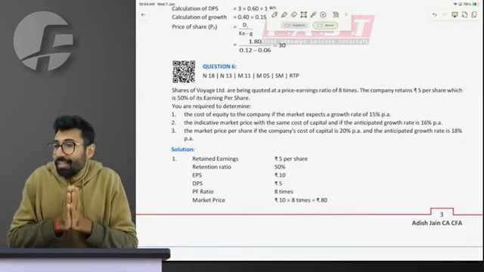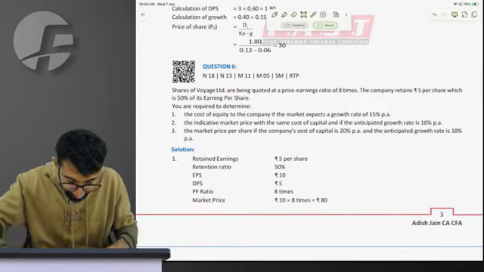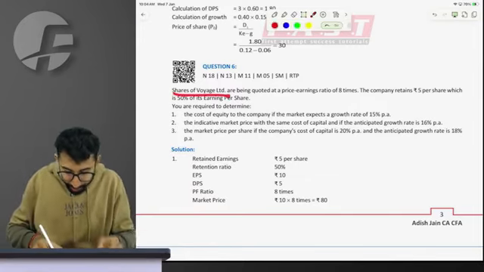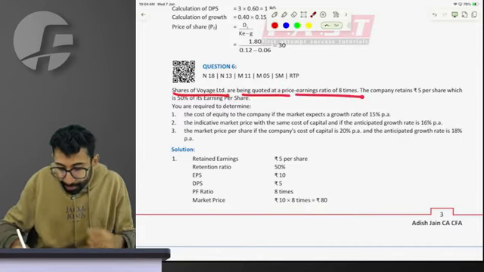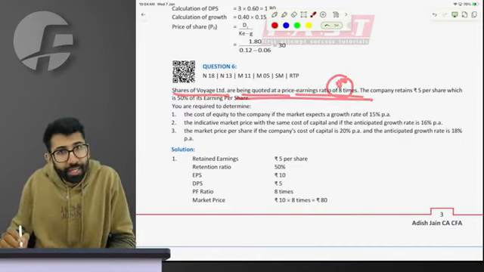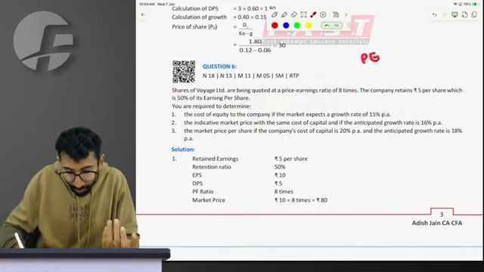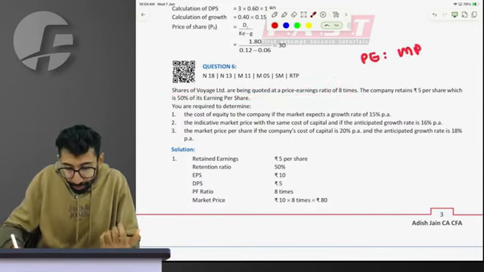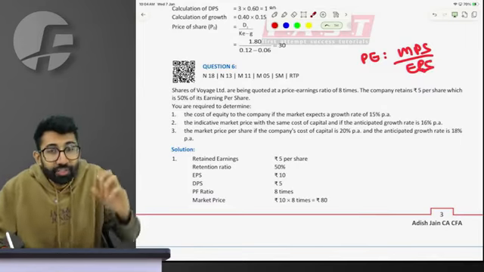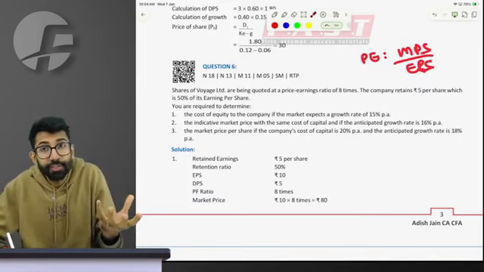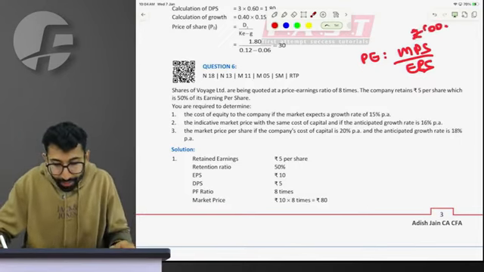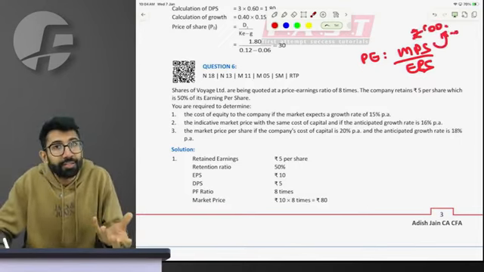So let's start to read this question. It says that shares of Voyage Limited are being quoted at a P/E ratio of 8 times. Quoted at a P/E ratio of 8 times, which means what? The formula of P/E is MPS divided by EPS. When I say the share of this company is quoted at rupee 100, I am telling about the market price.